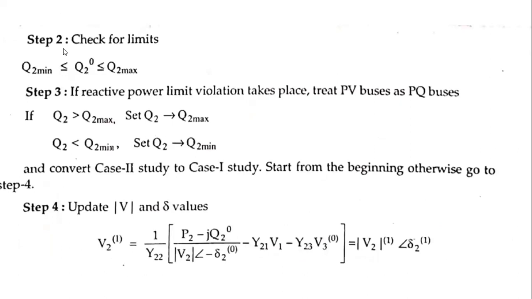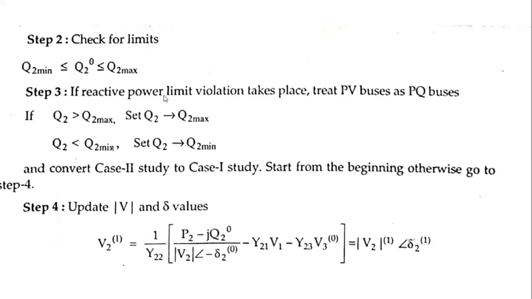Step 2: check for limits. That is, Q2 minimum is less than or equal to Q2 of 0, less than or equal to Q2 maximum. Step 3: if reactive power limit violations take place, treat PV buses as PQ buses.